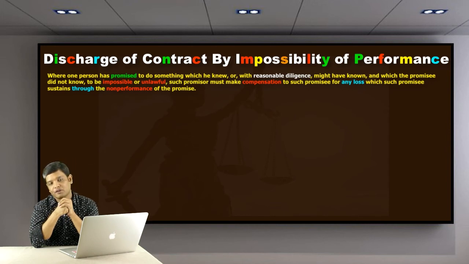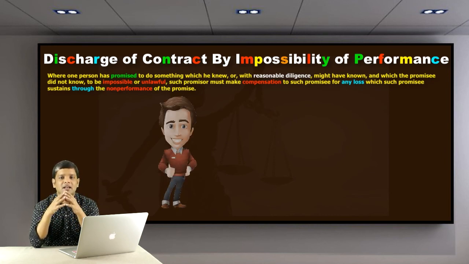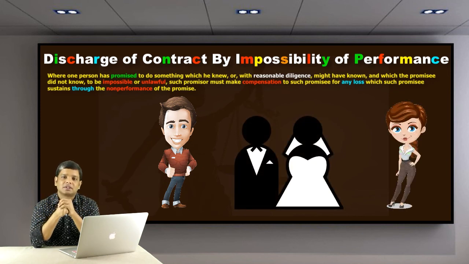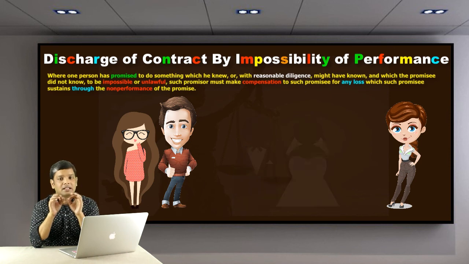Well, of course, I have given the example of the bike. This is another example: a person, namely A, promised C to marry her, and A is already married. C doesn't know that A is married.